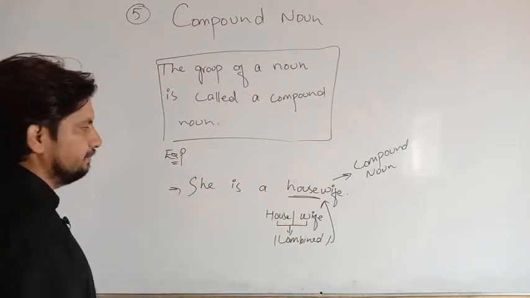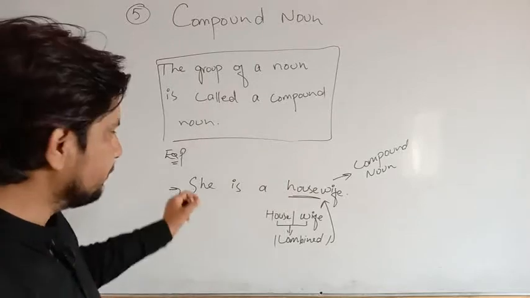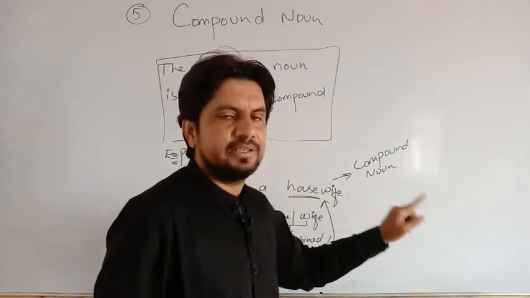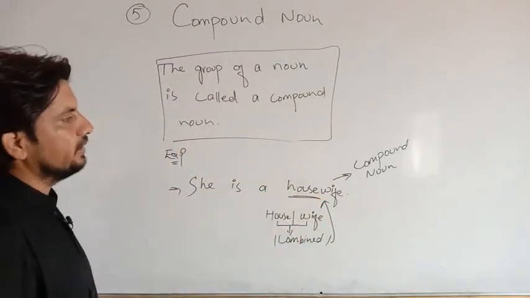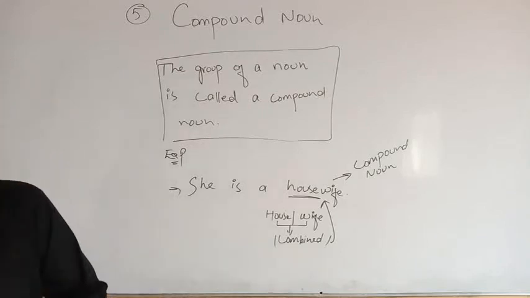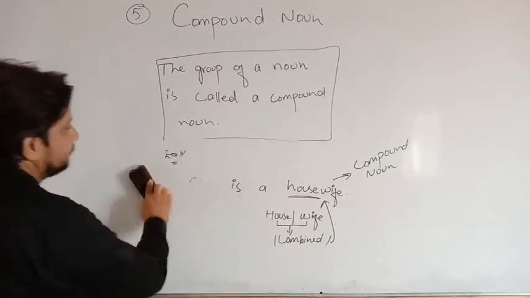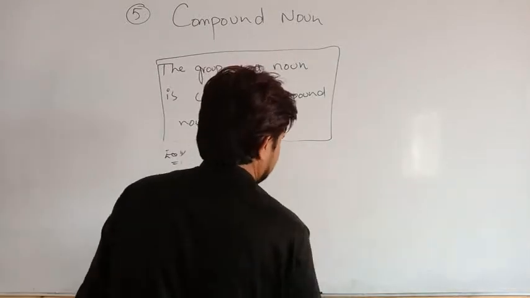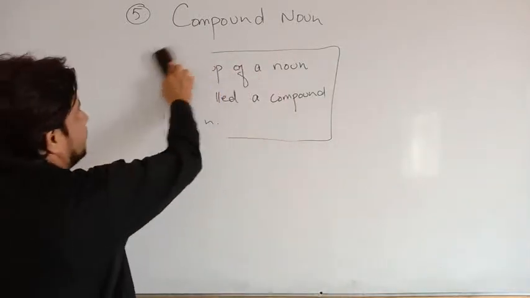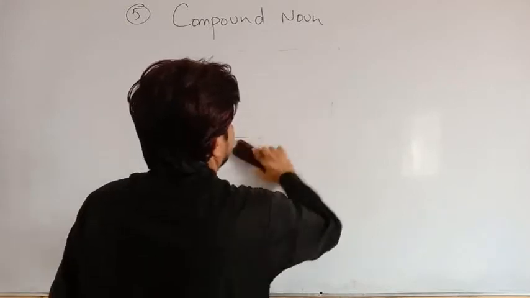So in this example, she is a housewife, housewife is taken as a compound noun. Take a screenshot. Let's take some other examples.